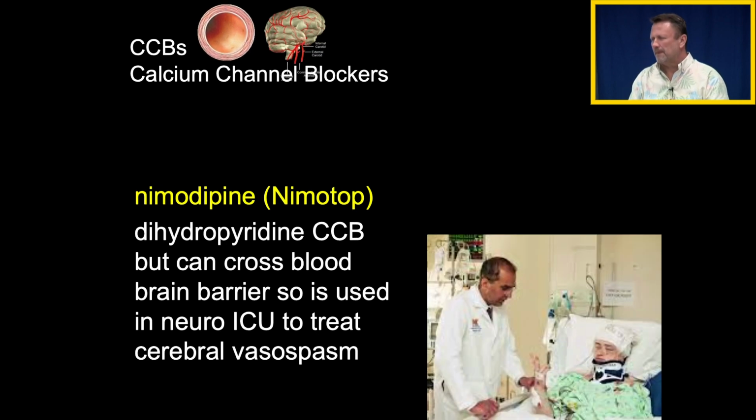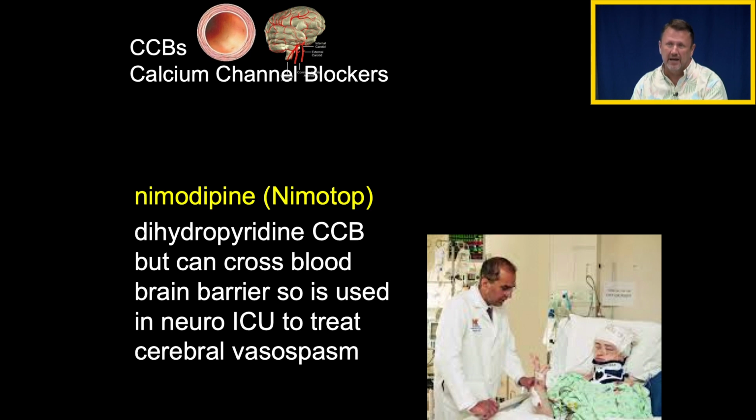Something that's interesting is nimodipine, Nimotop. It is a calcium channel blocker, a dihydropyridine, but completely different than the other ones. It can cross the blood-brain barrier. So not only will nimodipine be used as an antihypertensive, but because it gets into the brain, we're going to use it in the neurosurgical or neurological ICU to treat cerebral vasospasm.